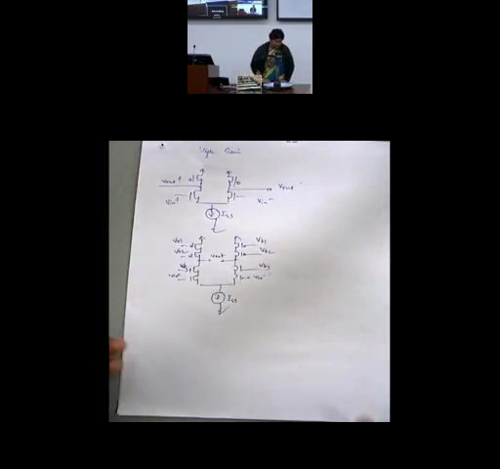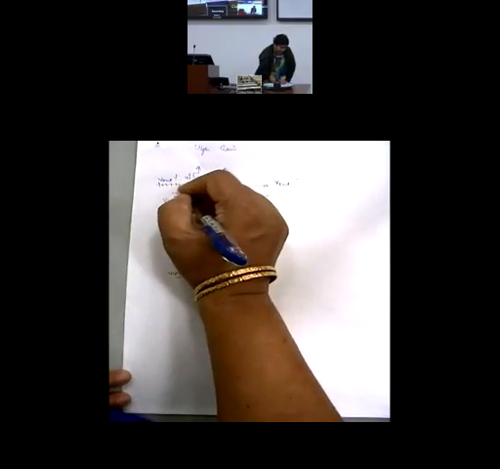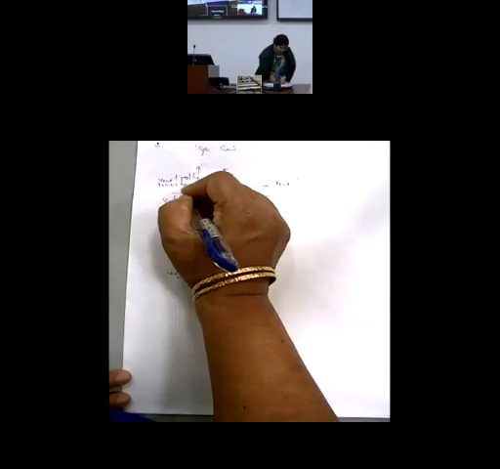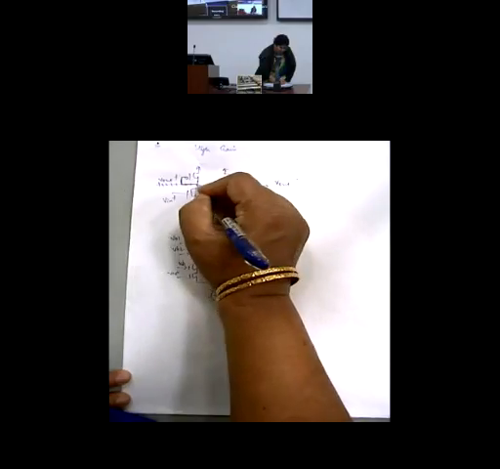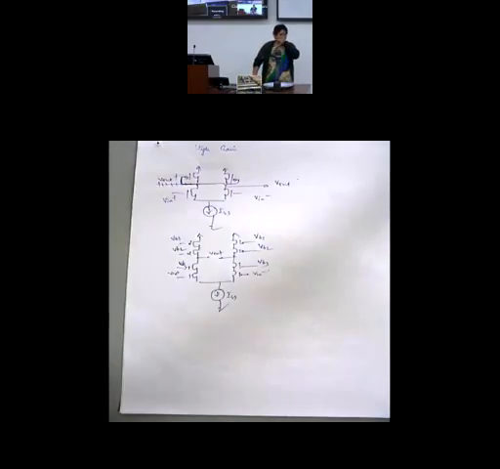If you want to do single-ended, I would be removing this connection and going for a current mirror load. I have to convert it into a current mirror load.